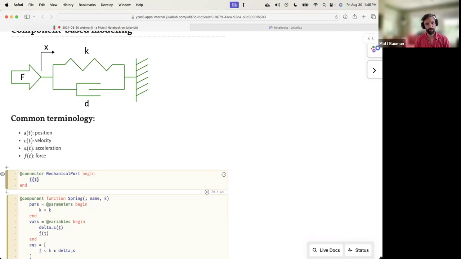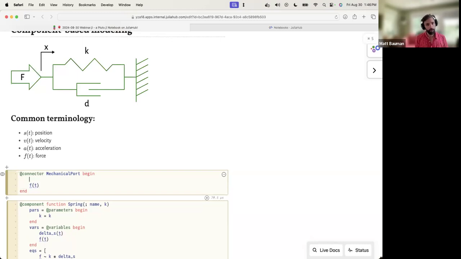So this is our force that we have. And the force on one side of the port must be the opposite of the force on the other side. They must cancel out and equal zero, kind of like that equal zero that we did in the toy example above.